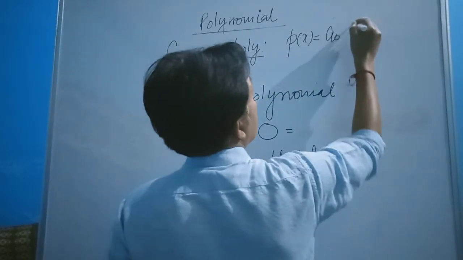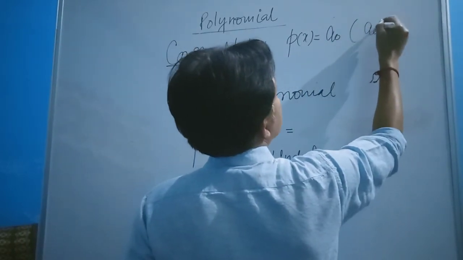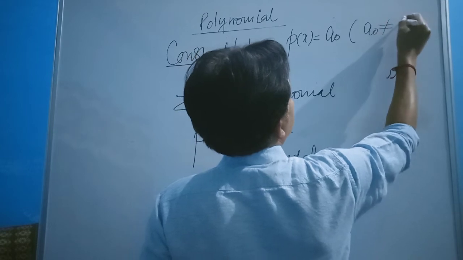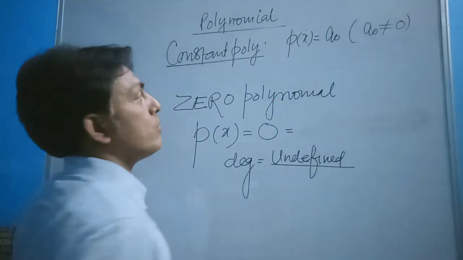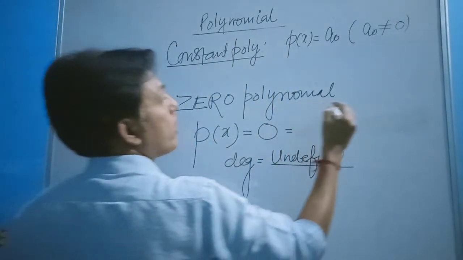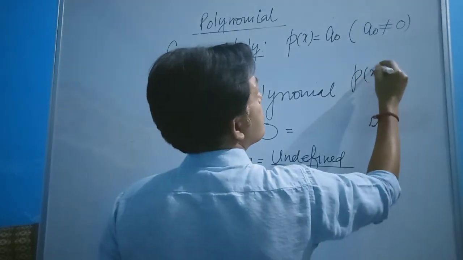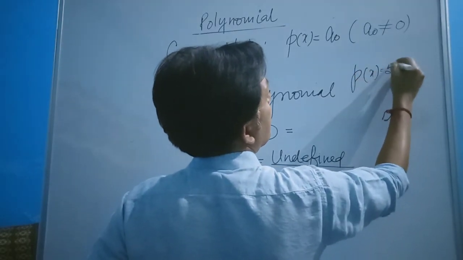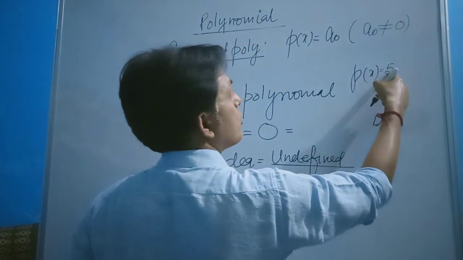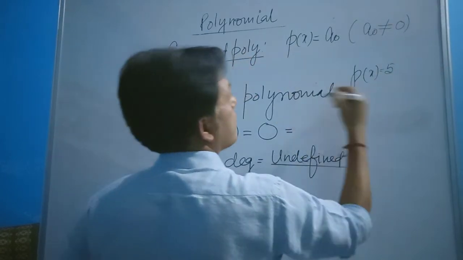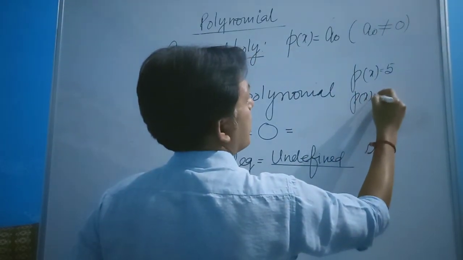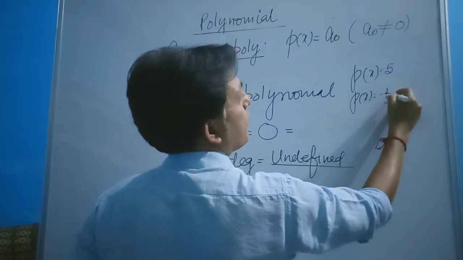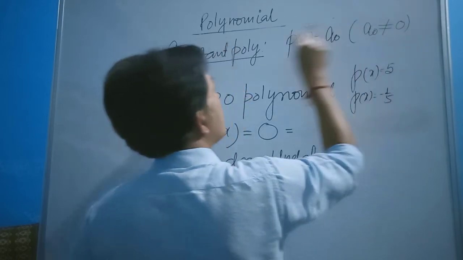Remember, a0 is any real number except 0. Means if you are writing px is equal to 5, it is not 0, so constant. Minus 1 by 5, it is not 0, so constant.